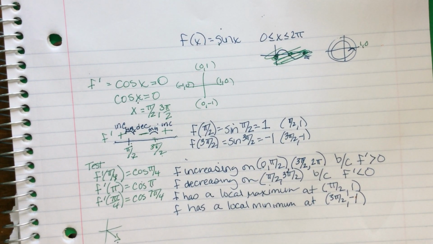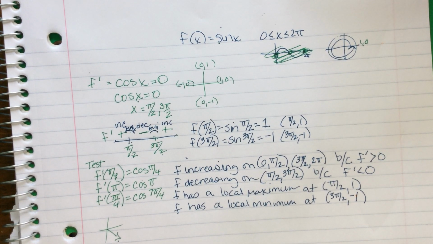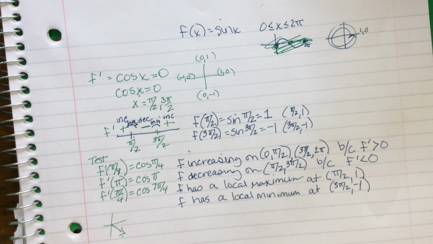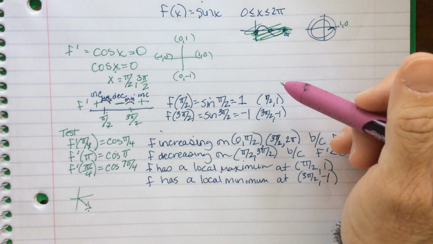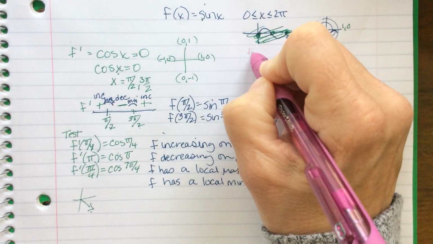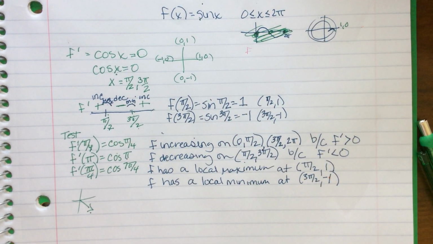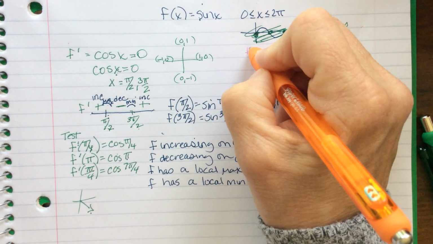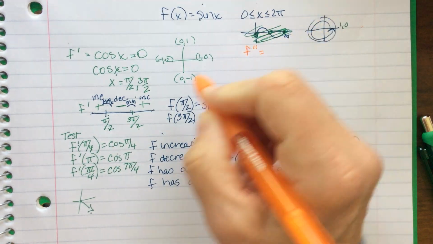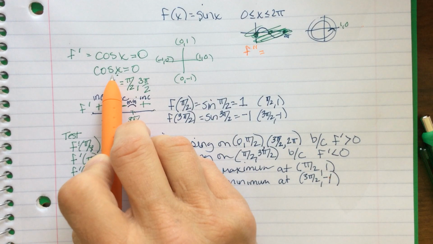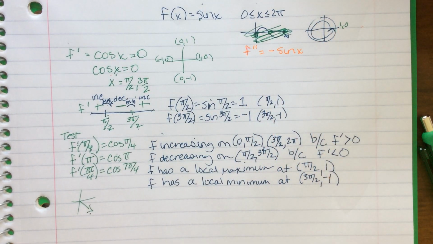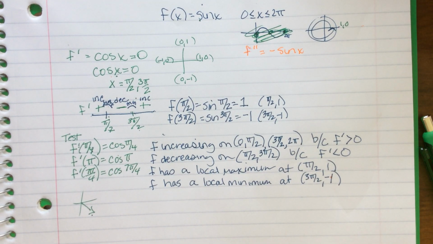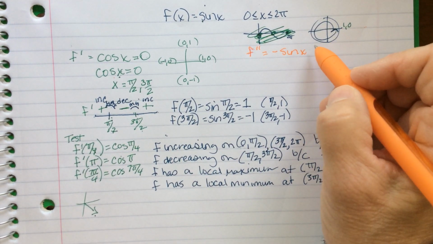Okay, now we want to find some information about concavity and a point of inflection, and that comes from a second derivative. So my second derivative, let me get that out of the way. My second derivative is equal. Now, what's the derivative of cosine? Well, that's negative sine of x. If I need to find points of inflection and concavity, I need to find hypercritical values.